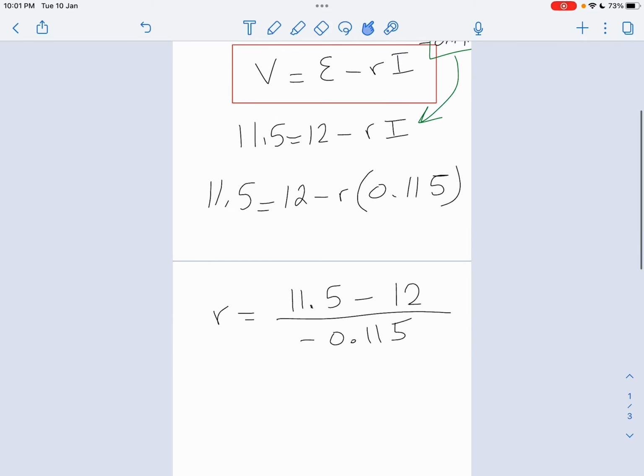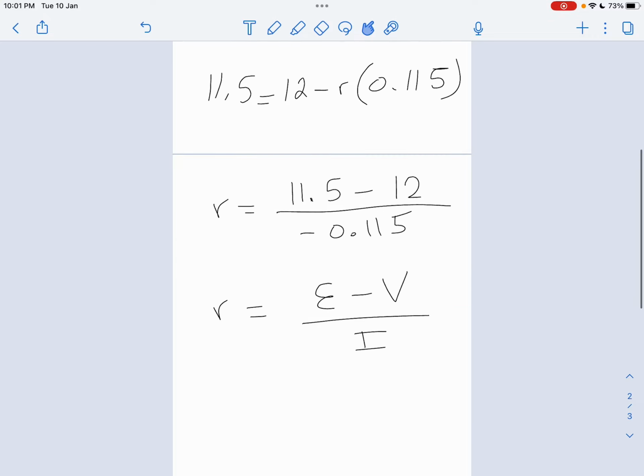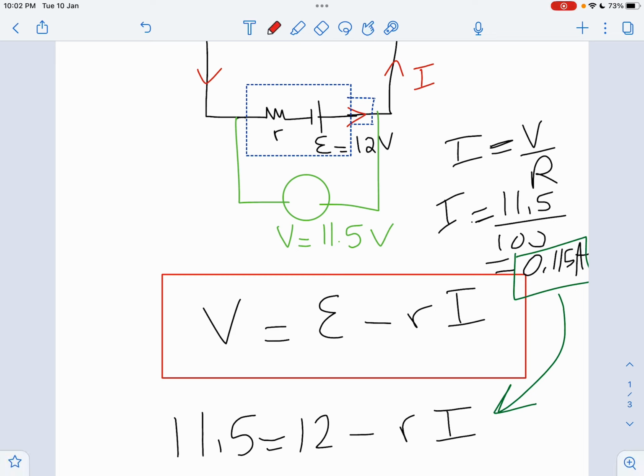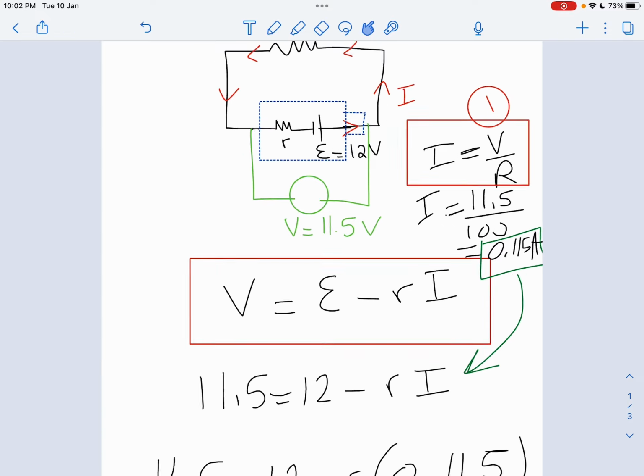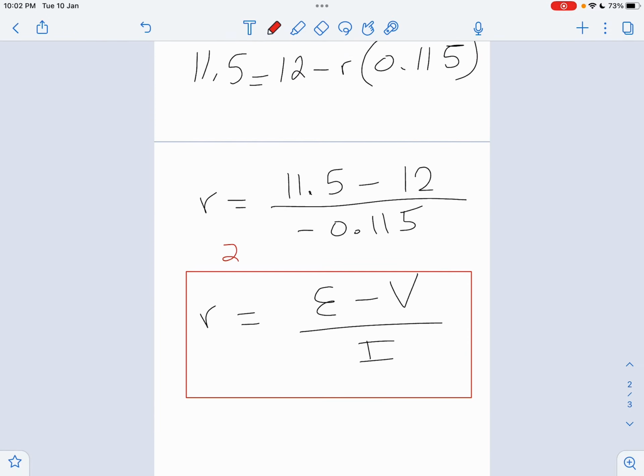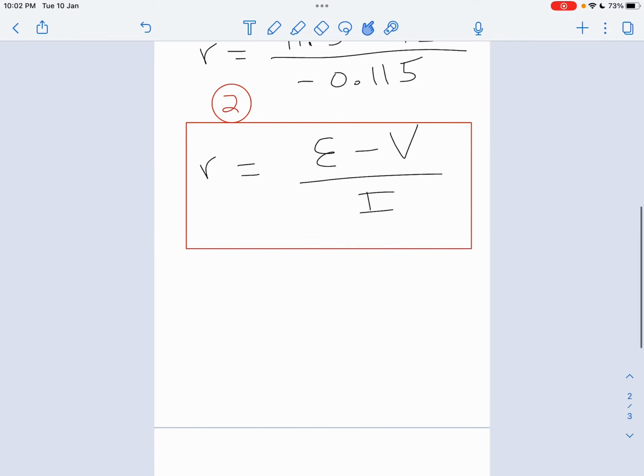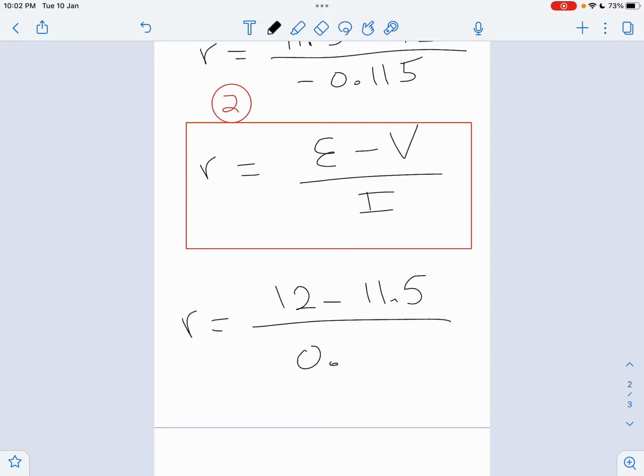Or if you want to write the equation of small r, it's simply equal to E minus V over I. That's another, direct formula to find small r. So first we find I using Ohm's law. That's step number 1. After you find I, step number 2, use this formula to find the internal resistance. Now we substitute. r is equal to the EMF, which is 12, minus 11.5 over the current that we got, 0.115.